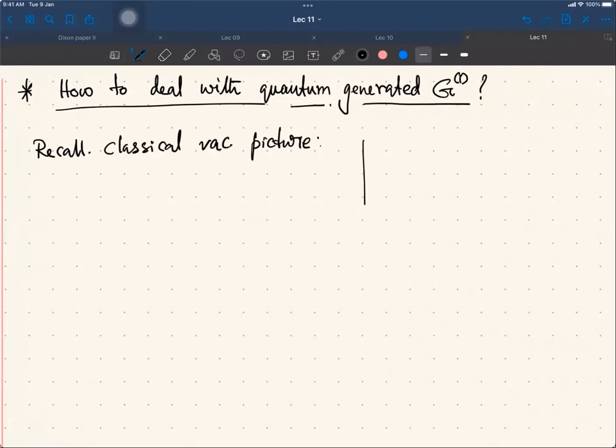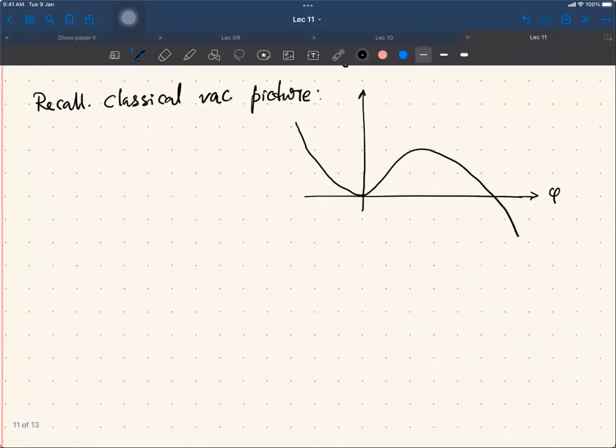We had plotted that against constant value of phi, the potential that we are plotting is half m square phi square minus g over factorial 3 phi cube, and this is phi equal to 0.